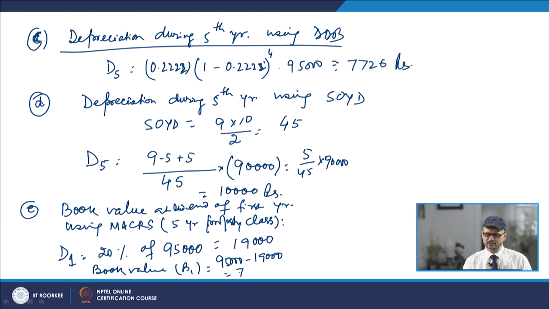So, it will be 76,000. So, this way we use the different methods of depreciation and try to calculate the depreciation charges. We will move to the next question.